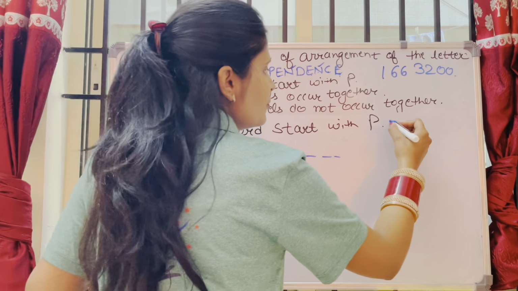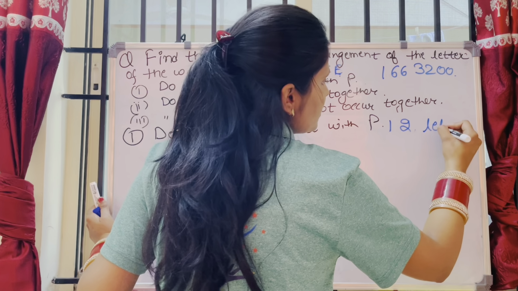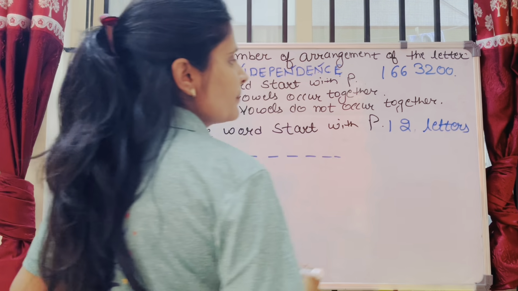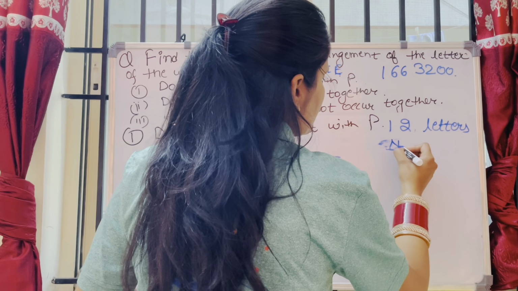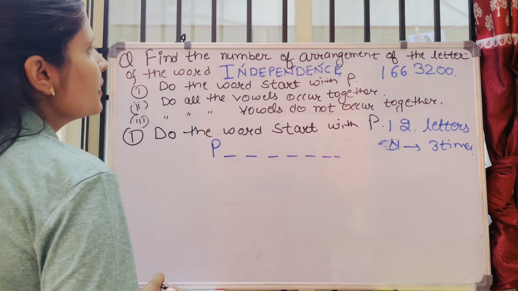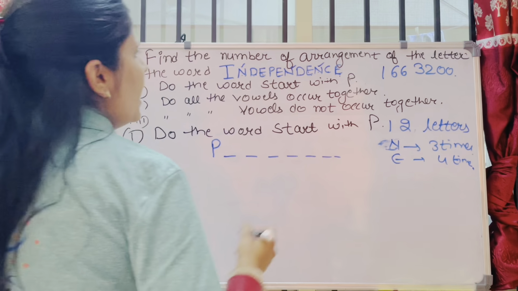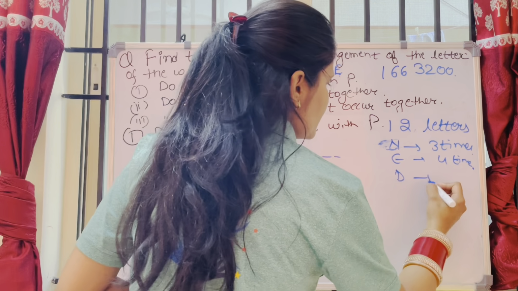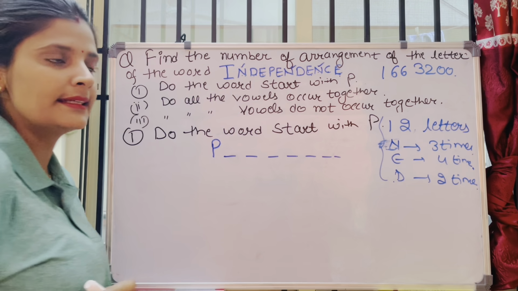There are 12 letters, out of which N comes in 3 times, E comes in 4 times, and D comes in 2 times. You have to remember this, right?